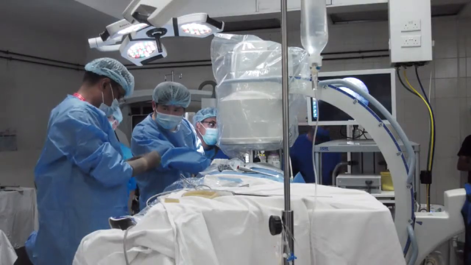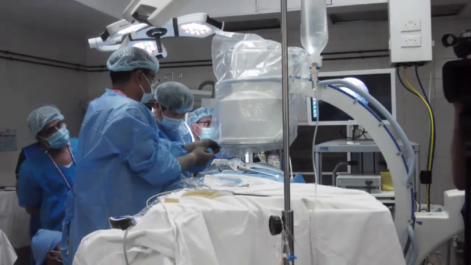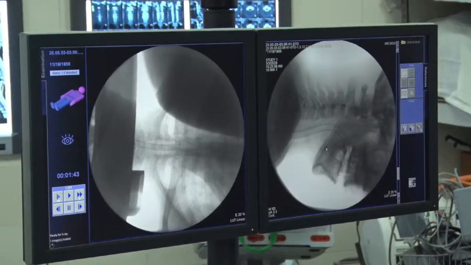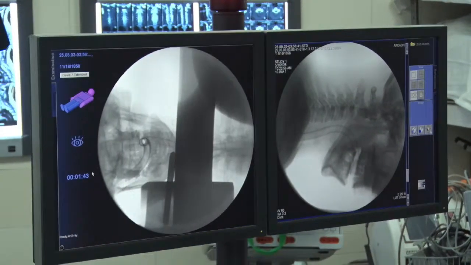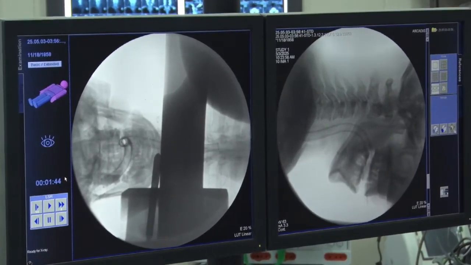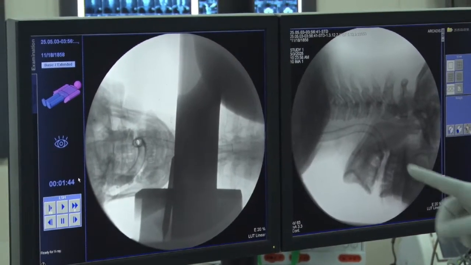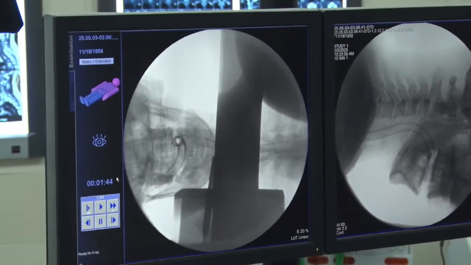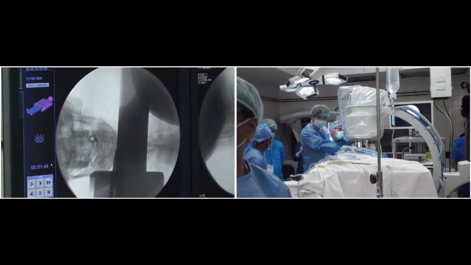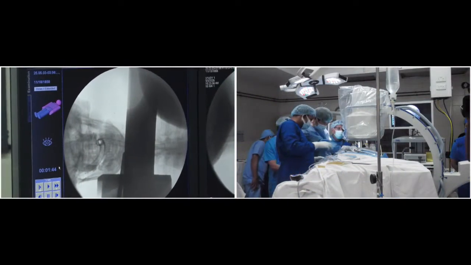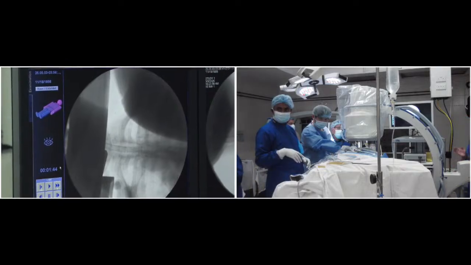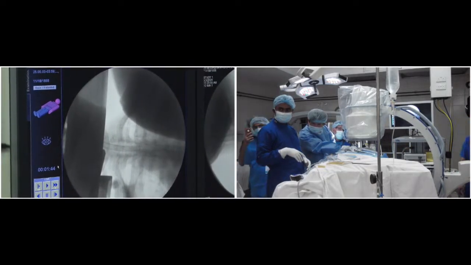I cannot see. It is blocking. Rotation, tilting. Please tilt, some more tilting.